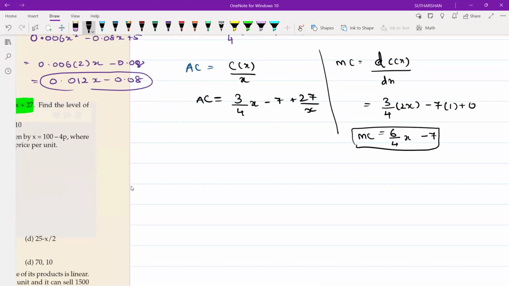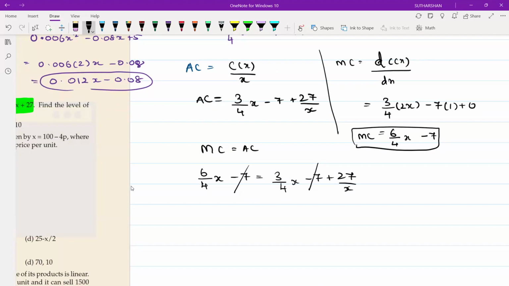For that matter, we will equate everything. MC is equal to AC is given, right? So 6 by 4x minus 7 equals 3 by 4x minus 7 plus 27 by x. This minus 7 will go to the opposite side and become plus 7, so minus 7 plus 7 will get cancelled.